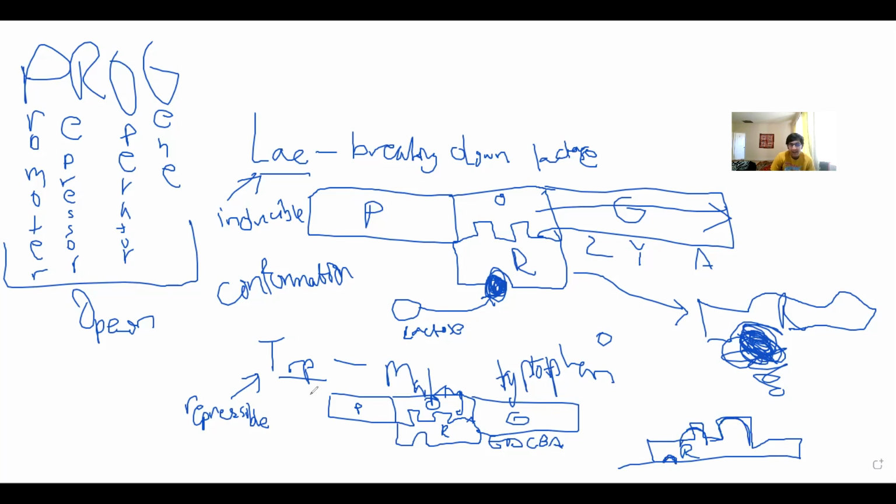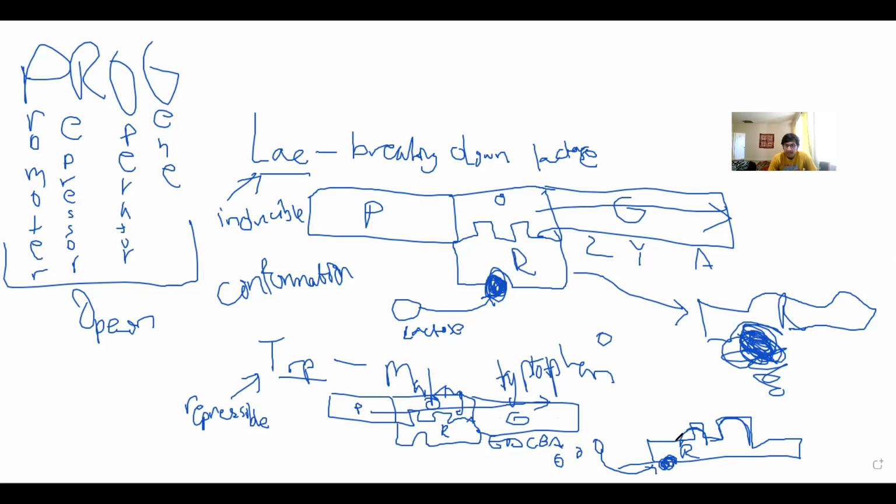But what happens is, as RNA polymerase goes through and makes mRNA for these genes over here, that gets translated into the proteins that make tryptophan. Well, once that happens, these little tryptophans appear, and then those tryptophans can come over here to the repressor and bind to the repressor.